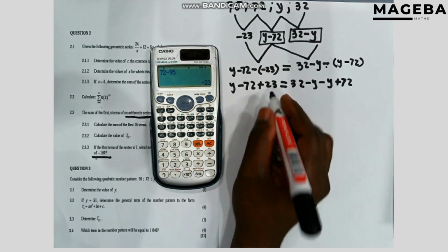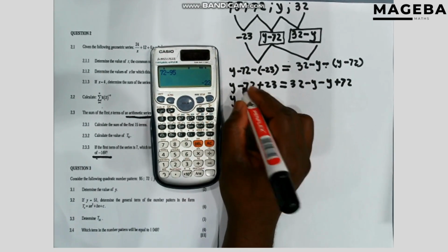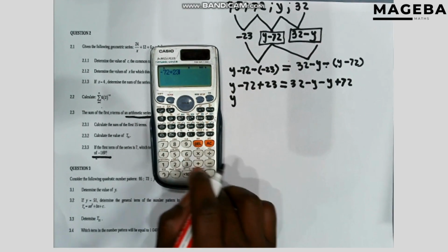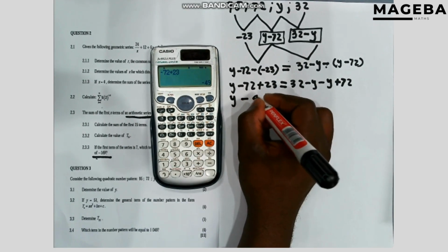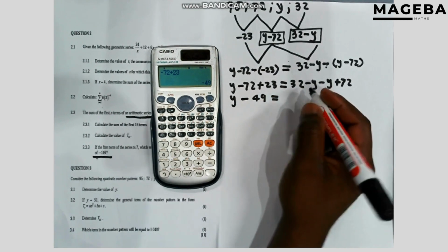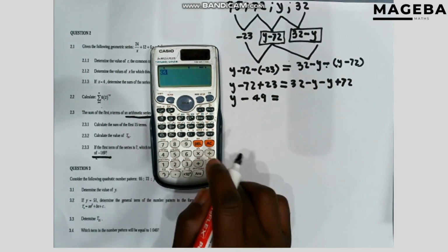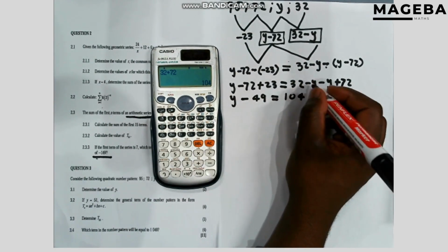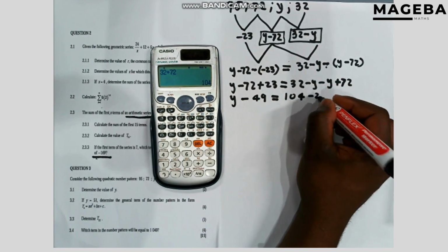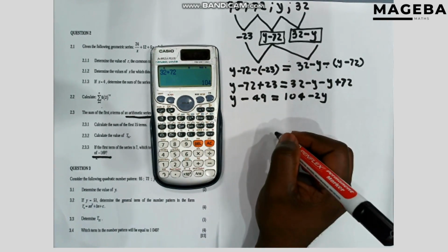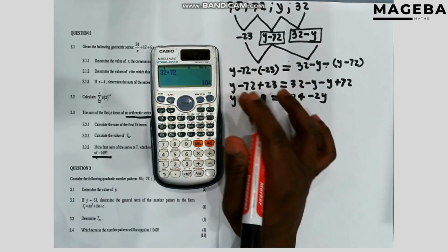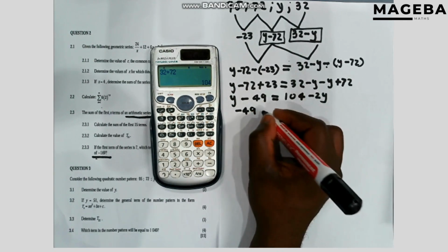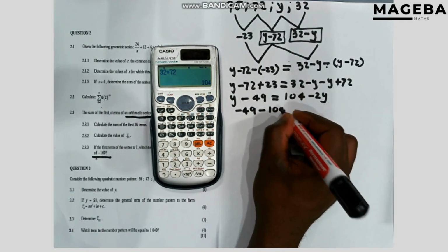Add the like terms first: y, and negative 72 plus 23 gives negative 49, equals 32 plus 72, which is 104, and negative 2y. Then group the like terms: take the 104 to the other side, it becomes negative 104.